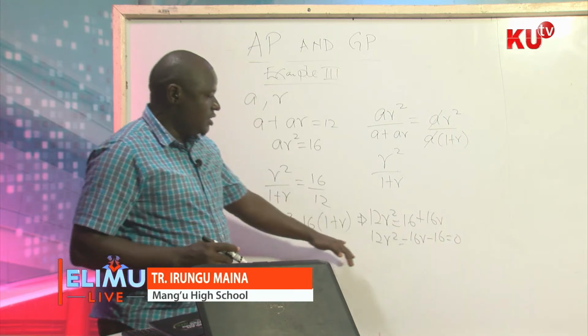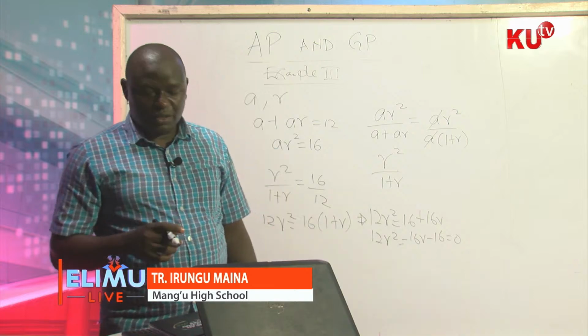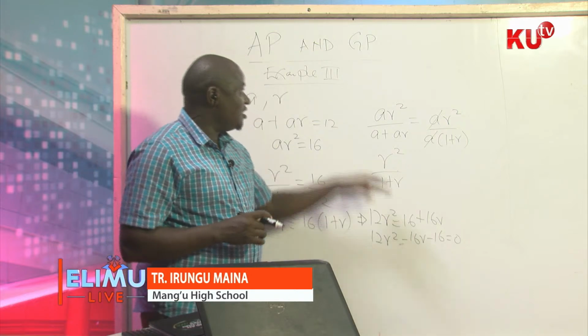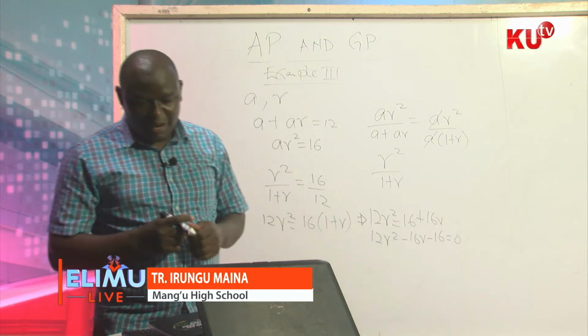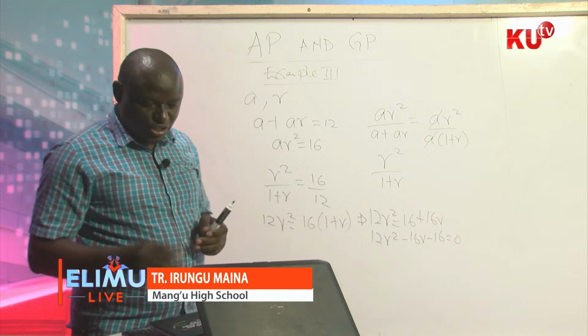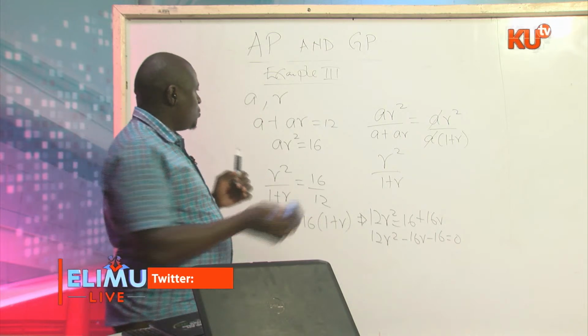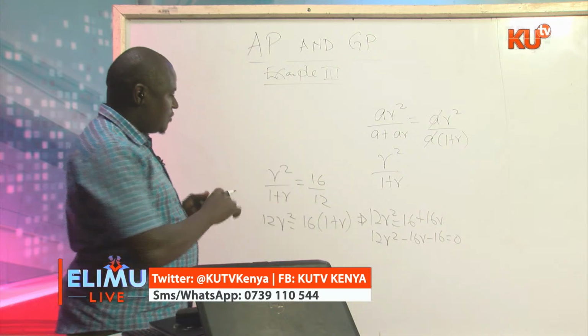Class, if you look at this, it has become a quadratic equation. Who knew that in AP and GP we would end up with a quadratic equation? Again, I'm emphasizing these concepts are not tested in isolation. They want us to solve this quadratic equation. Let us do that very fast.